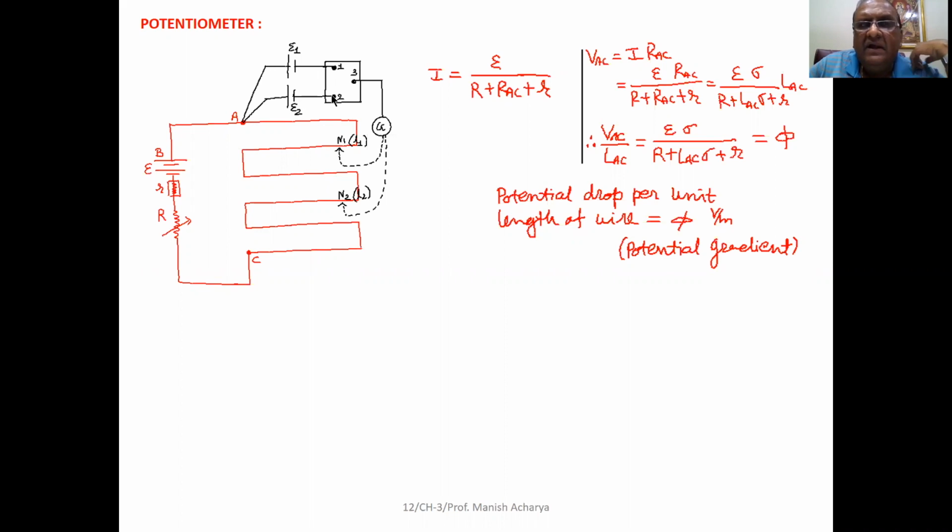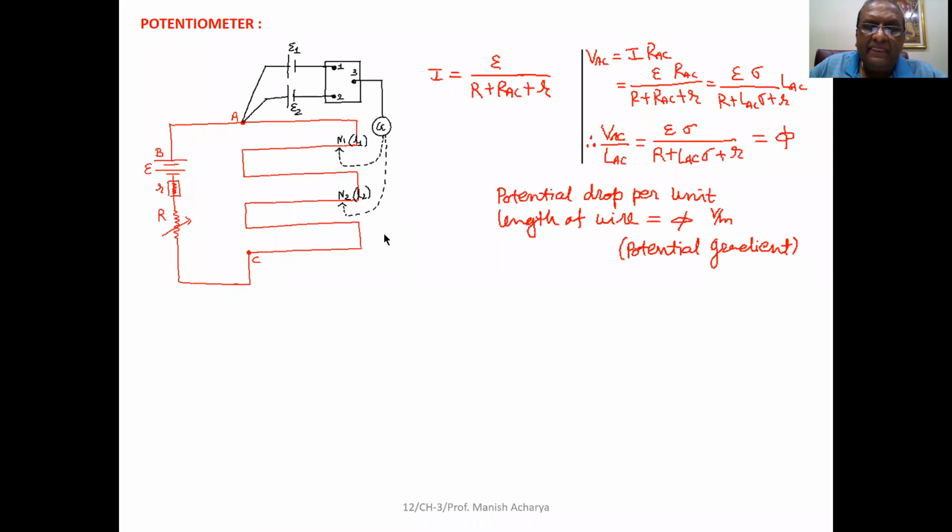Now, with the help of the jockey key, you have to find the null position on the potentiometer wire. Suppose the jockey key is placed at point N1. So the length of the potentiometer wire from A to N1 is suppose L1.